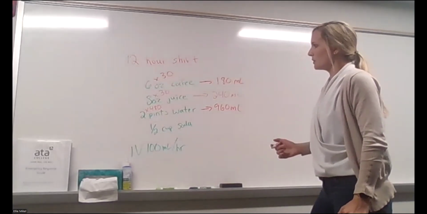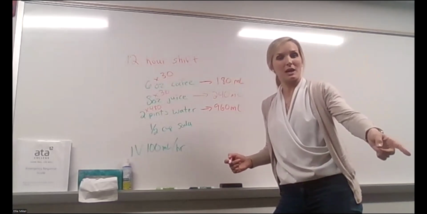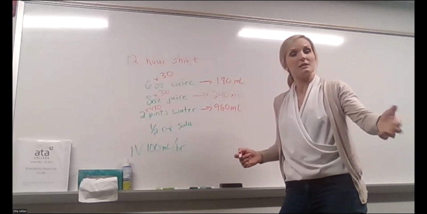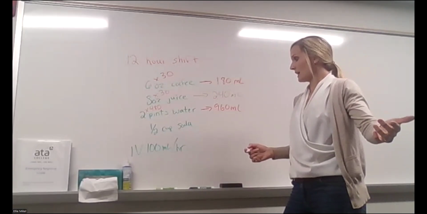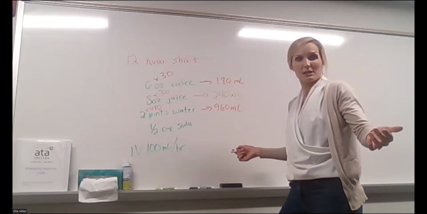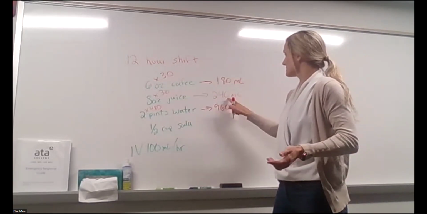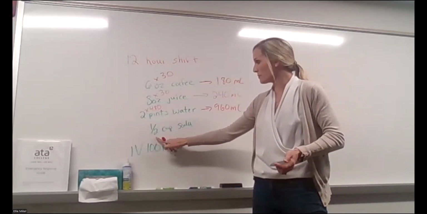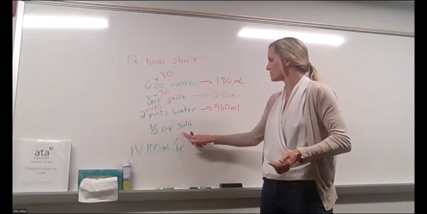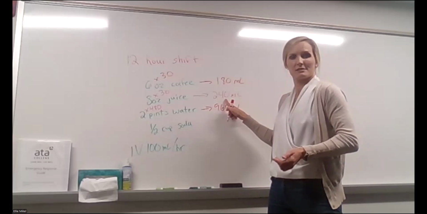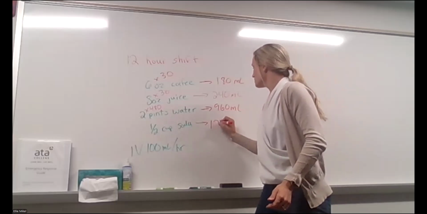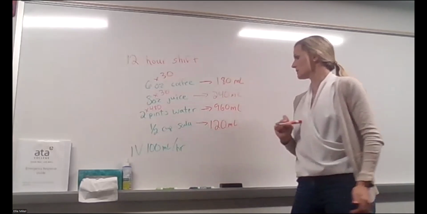And then half a cup of soda. I just showed you guys that a cup is 8 ounces, or 240 milliliters. However you want to look at this, it's half of that. So if they had half a cup of soda, they had 120 milliliters of soda.